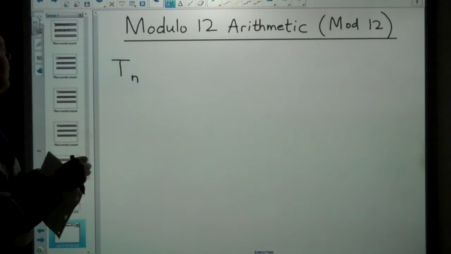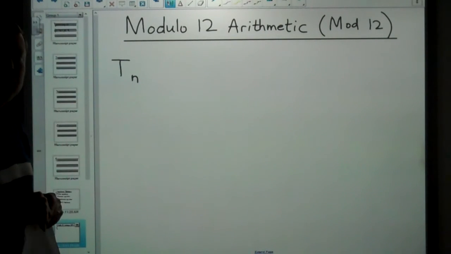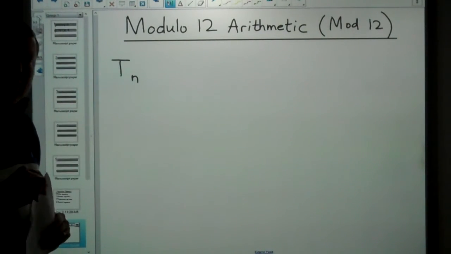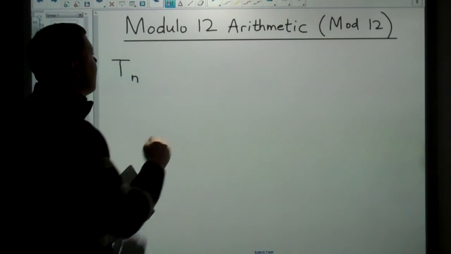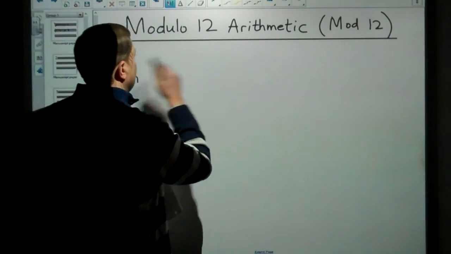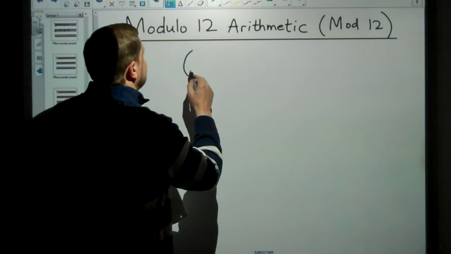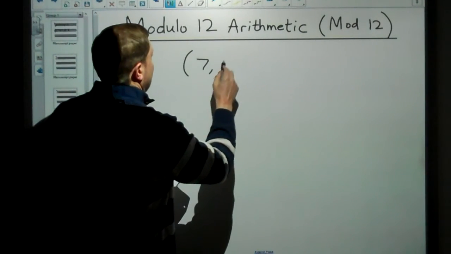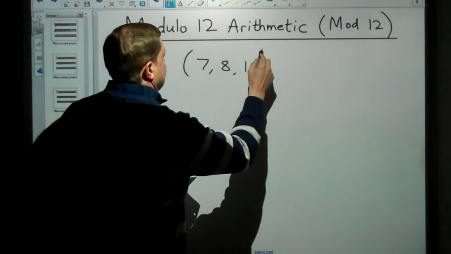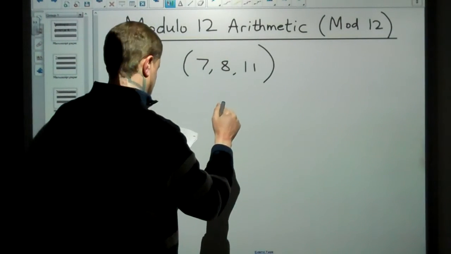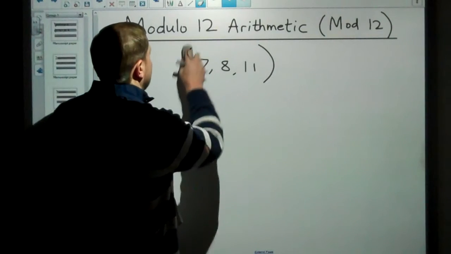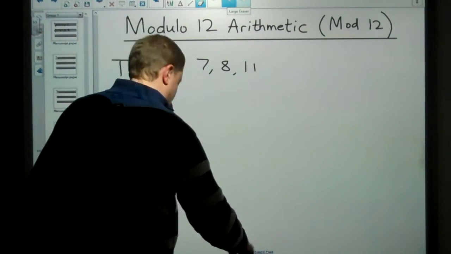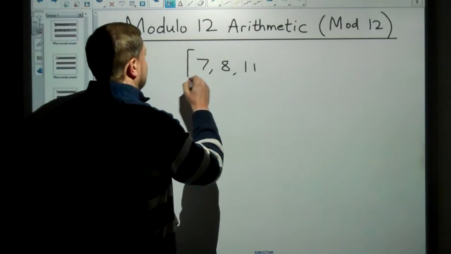Now, to transpose a pitch class set, let me start with one I've been using as an example for many lectures: the pitch class set 7, 8, and 11. That set is already in normal order, so I'm going to put it in square brackets.